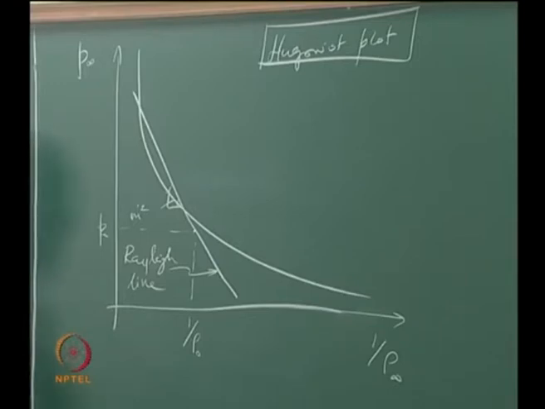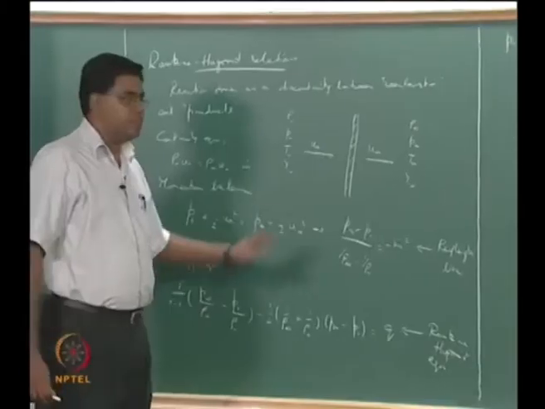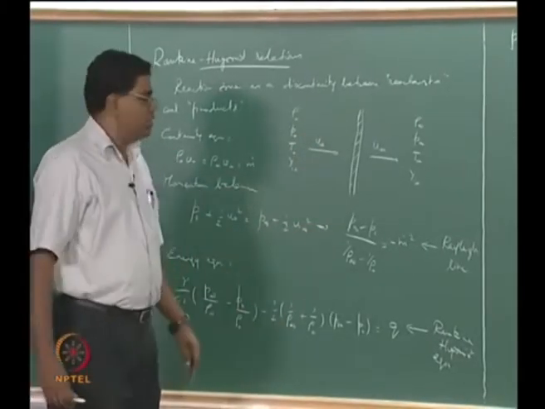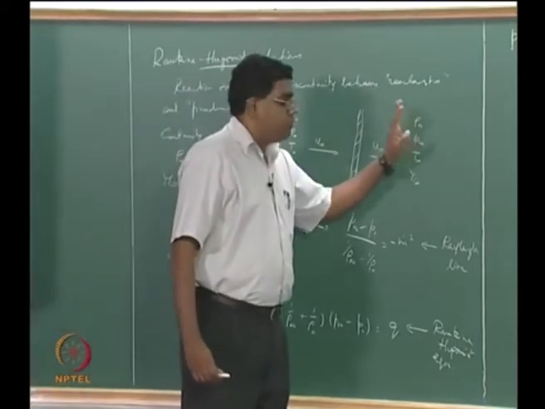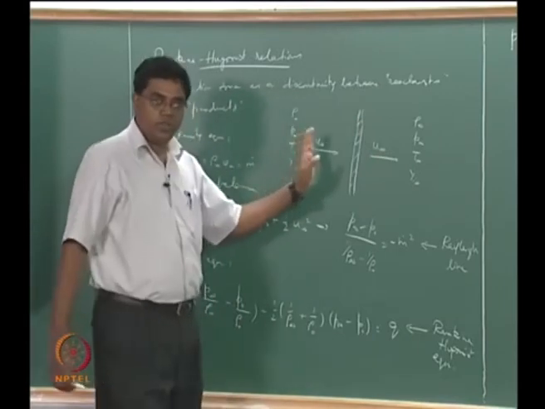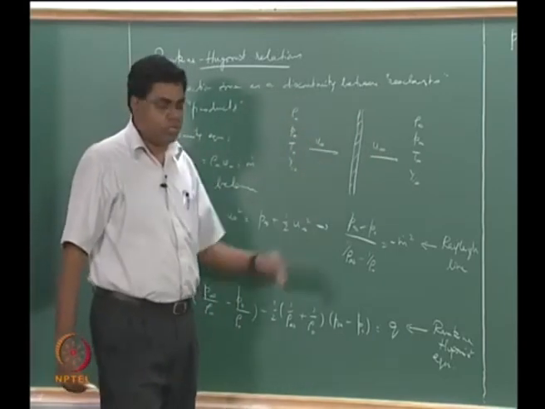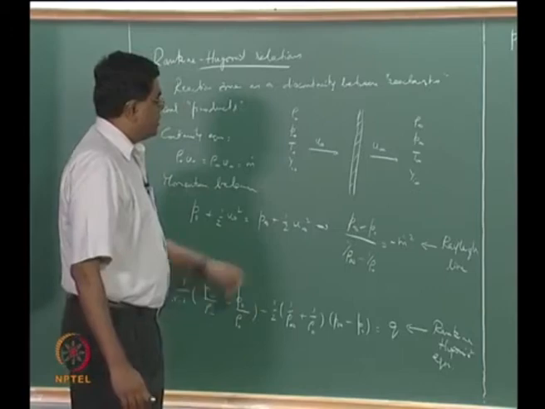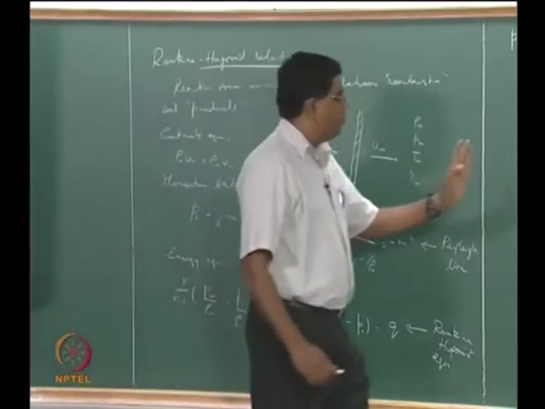Well, why did we want this curve? Because we wanted to solve these conservation equations across this discontinuity to locate product properties given the reactant properties, including u naught, which is something we are not very sure we know to begin with, and u naught is actually embedded in the slope of the Rayleigh line.